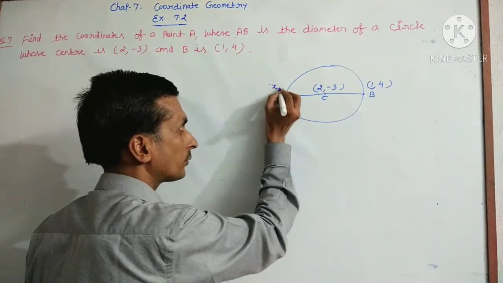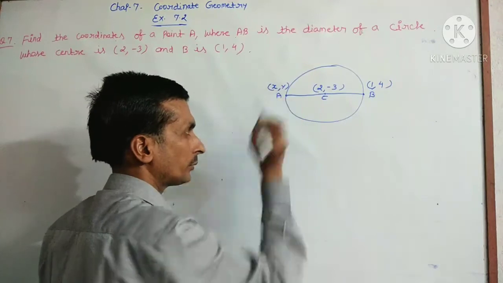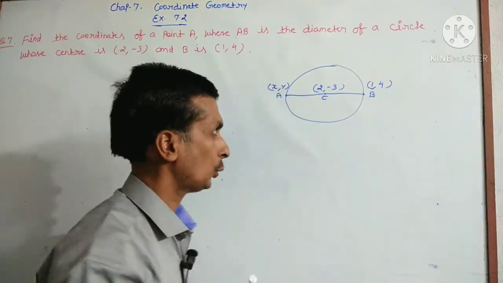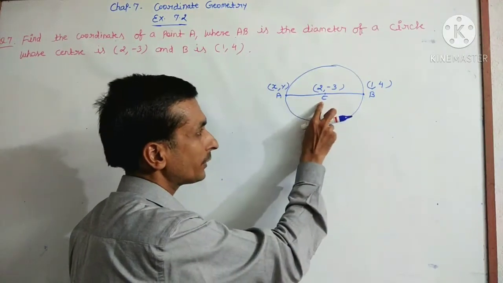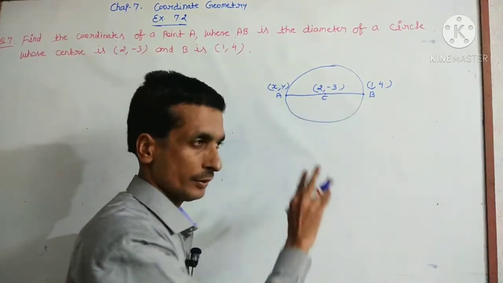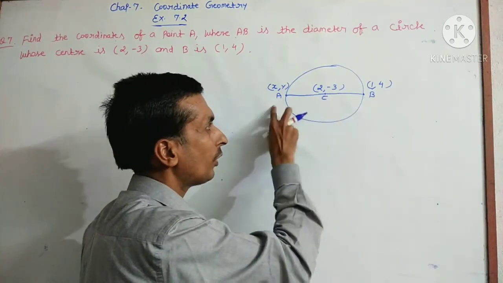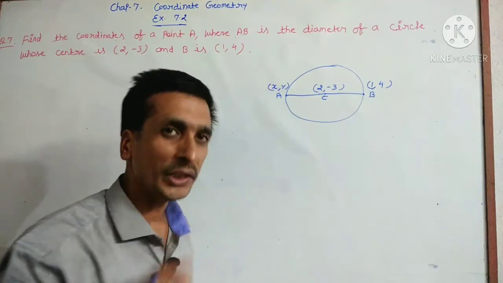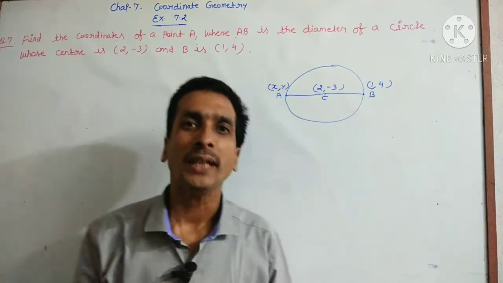So let this one be (x, y), okay. M1, M2 is the ratio, but this is the center, so AC equals BC because both are radius. So C is the midpoint of AB.